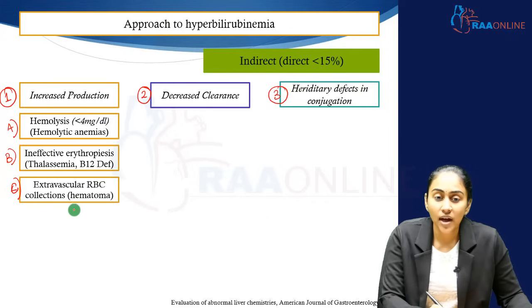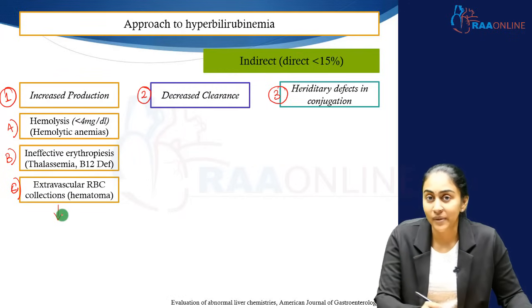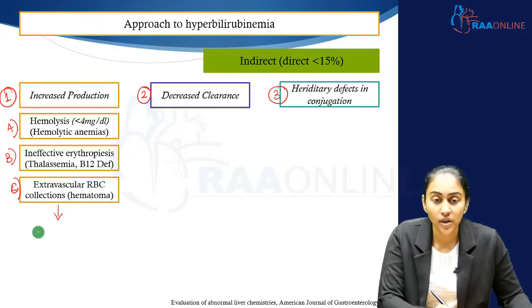Now, remember that whenever a patient has indirect hyperbilirubinemia secondary to one of these causes, as long as the liver is normal, usually the degree of bilirubin elevation is very mild. It is very rarely that you find the bilirubin level above 5 mg per deciliter. Often it is less than 4 to 5 mg per deciliter.